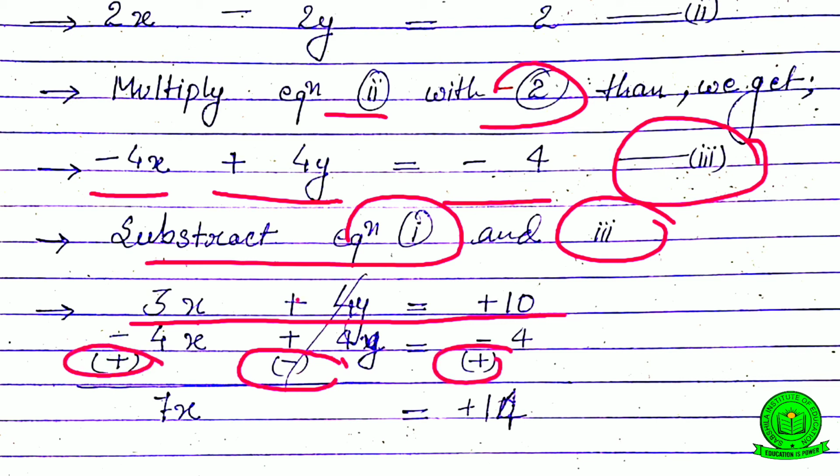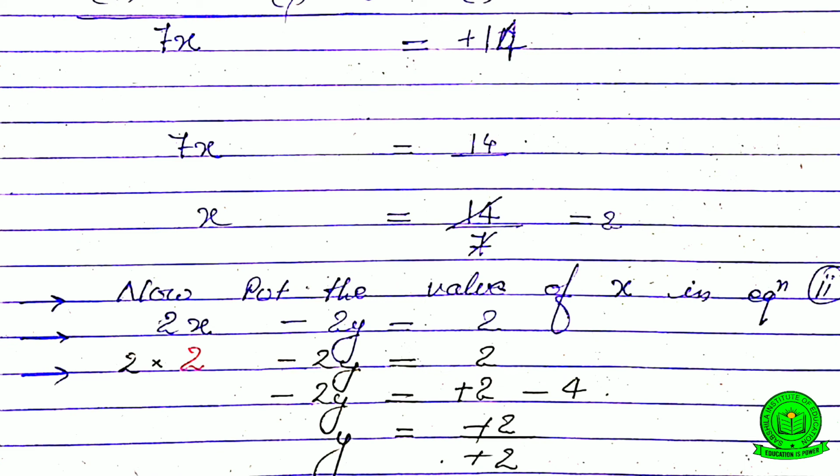So plus and minus will cut, and minus 4 changes into plus 4. So 3 plus 4 becomes 7x, and 10 plus 4 becomes 14. If you solve, you will get x is equal to 2.